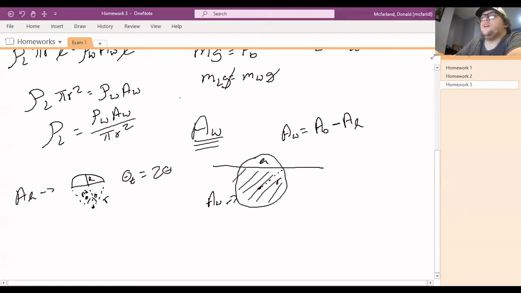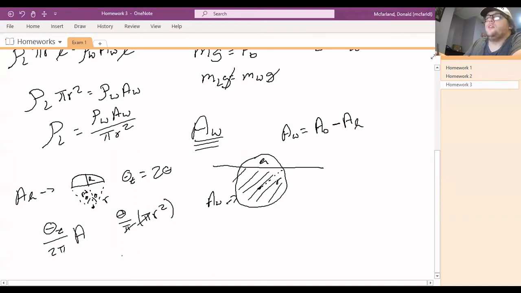To get the area of this sectional area, it is just theta total over the total number of radians in a circle, 2 pi, multiplied by the total area. If we plug in our theta total, notice the 2's will cancel out, so we're left with theta over pi times pi r squared. Notice the pi's will cancel out, and we're left with theta r squared.